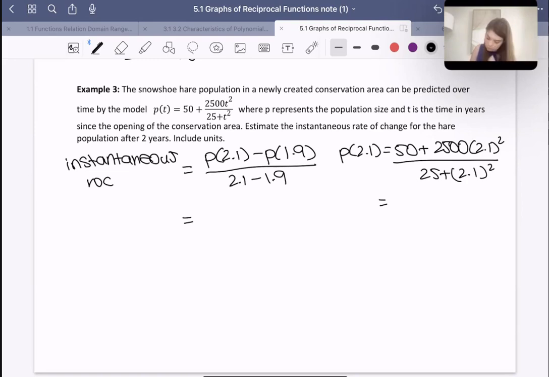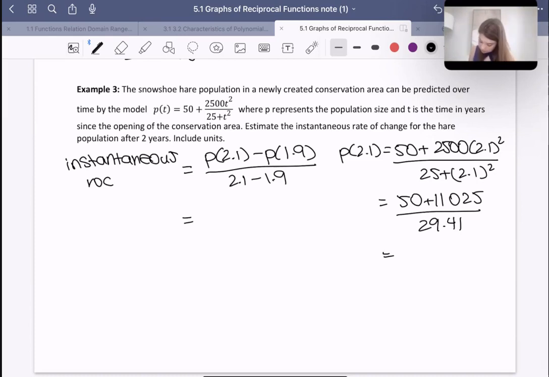So what's that going to be? Well, 2.1 squared is 4.41 times 2,500 is 11,025. And then on the bottom here, we have 2.1 squared plus 25 is 29.41.